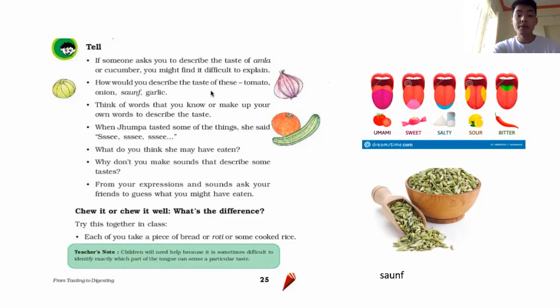How would you describe the taste of these tomatoes? As I mentioned earlier, it's umami. Okay. Next, take the case of onion. Can you tell me what kind of taste an onion is? You can try, have a small bite.